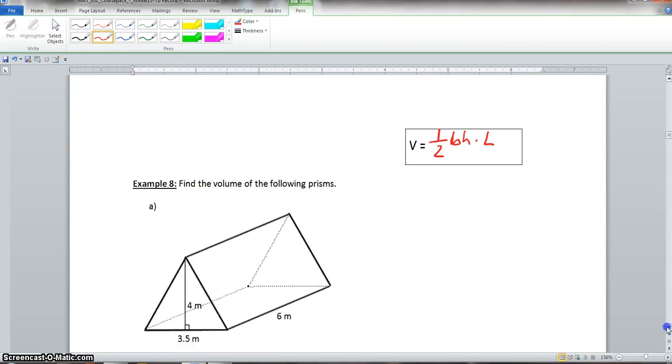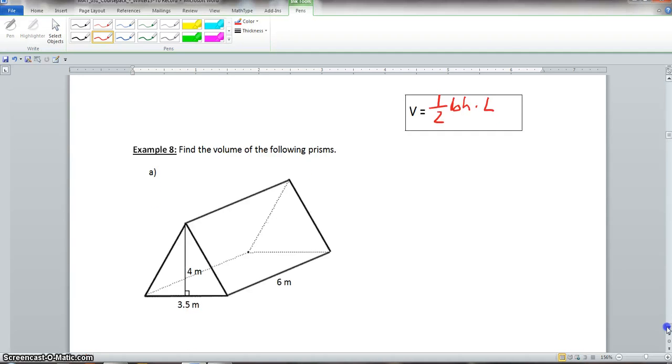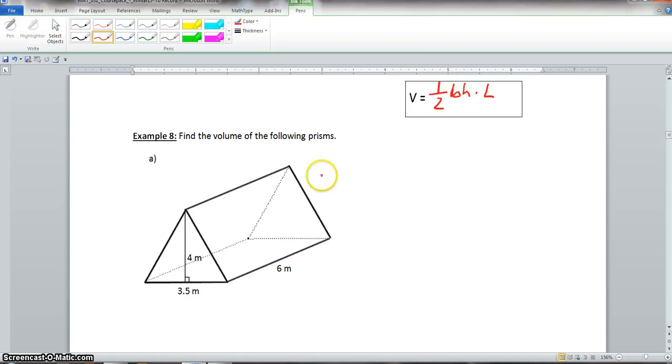So that is the volume of a triangular prism. So now we could take this formula and apply it here to A. It says find the volume of the following prisms. So we have the volume is equal to 1/2 times base times height times the length.